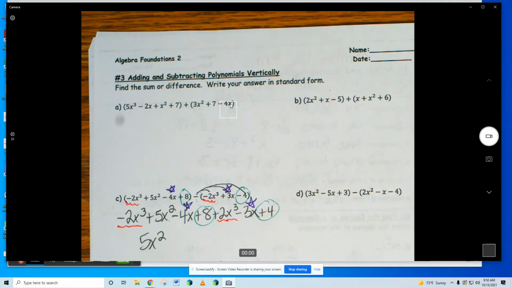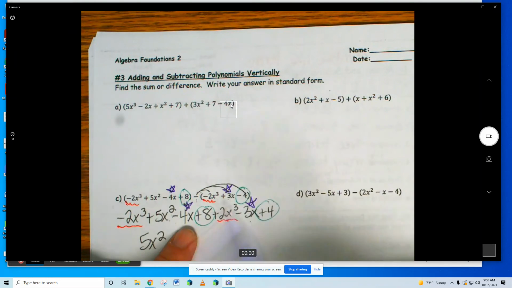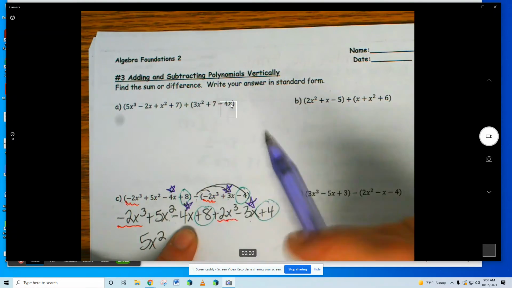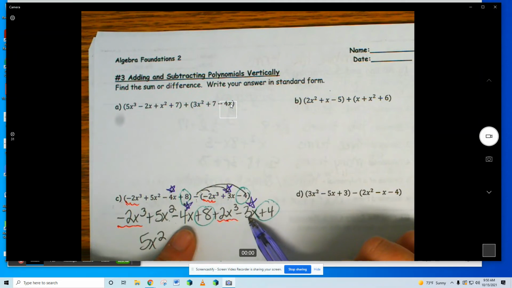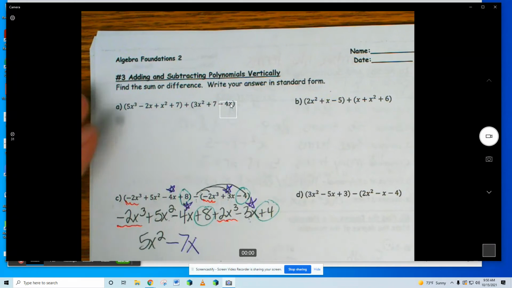Purple star. What's purple star? Negative 4x. What's negative 4x minus 3x? Negative 7x. What's green circle? 8 minus 4. Oh, wait, no, I'm sorry. 8 plus 4. 12.